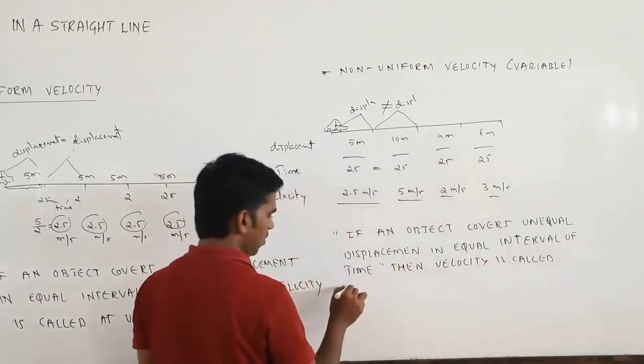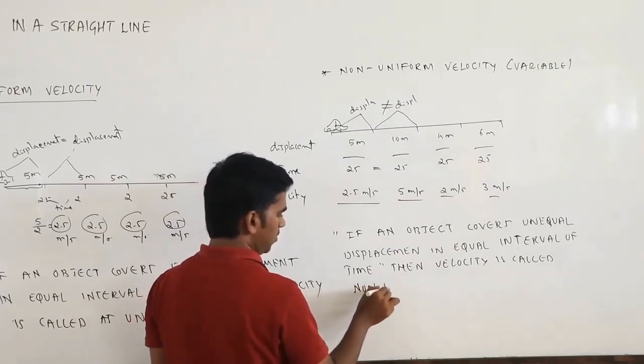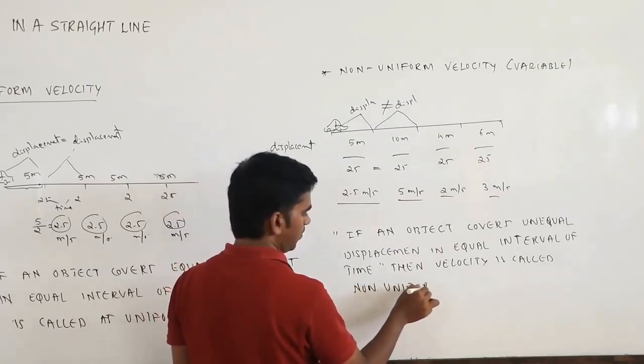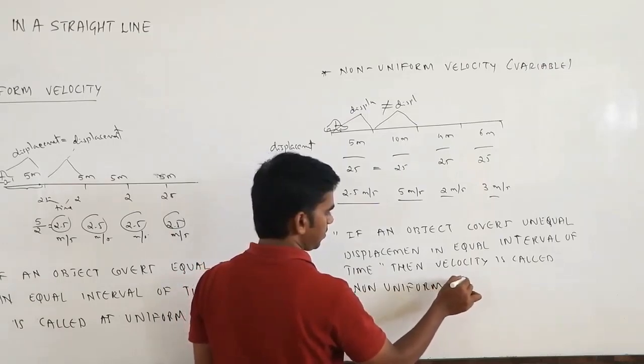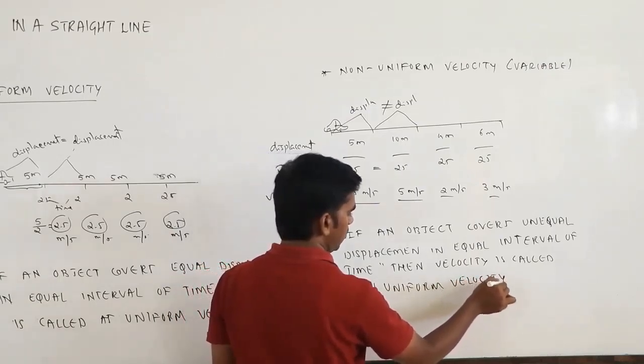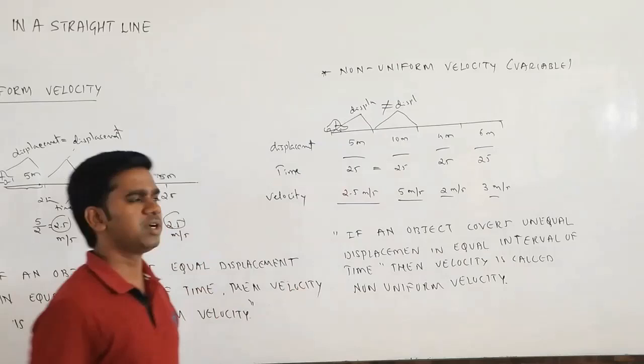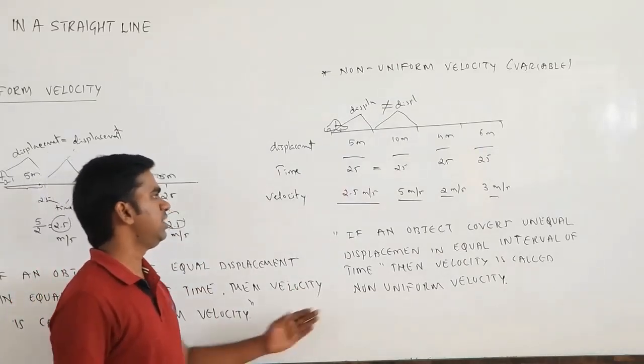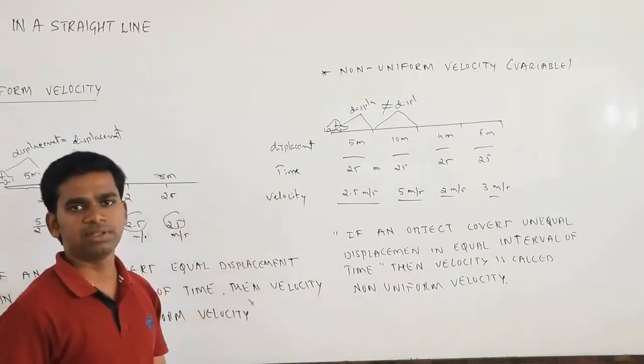Non-uniform velocity or variable velocity. Okay. So this is the definition of non-uniform velocity.